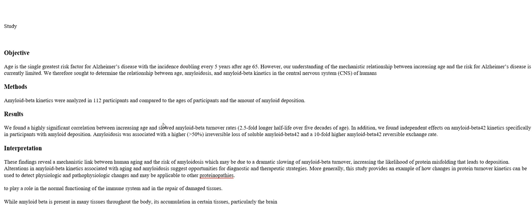Increasing the likelihood of protein misfolding that leads to deposition, alterations in amyloid beta kinetics associated with AIN and amyloidosis suggest opportunities for diagnostic and therapeutic strategies.